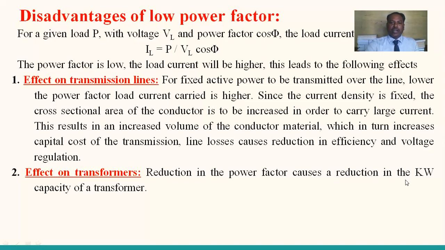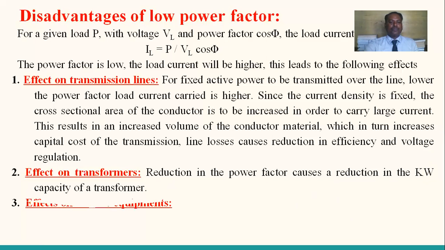The unit of real power is kilowatt. So as the kilowatt capacity is reduced, automatically the kVA of the transformer is also reduced. Therefore, low power factor will affect the operation of the transformers.